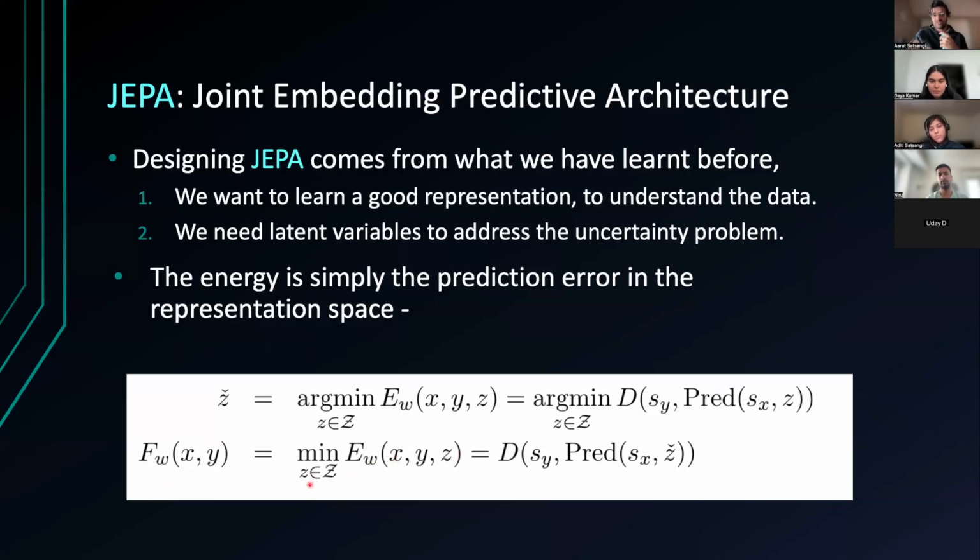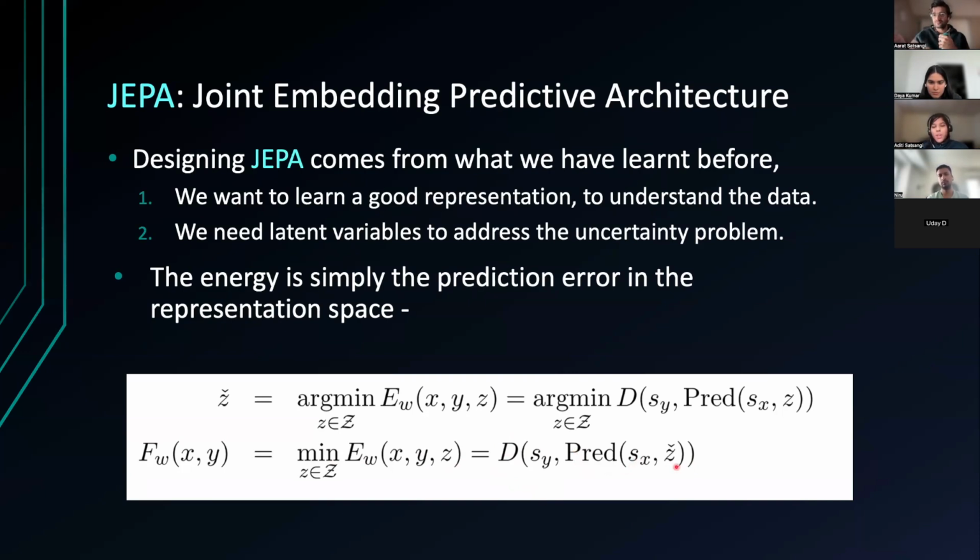So when you are minimizing over z, this is the equation for that. And after you minimize this for z, this is what you get. You'll be calculating a distance d between sy and the output of the predictor network. The predictor network takes in sx and z bar. Z bar is the optimal value of z.